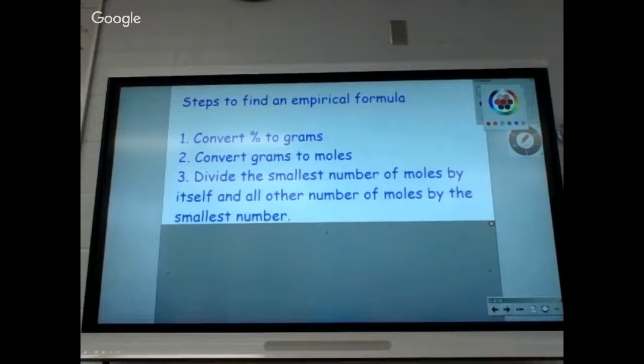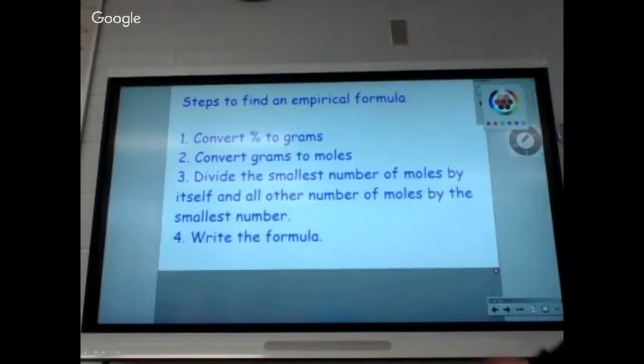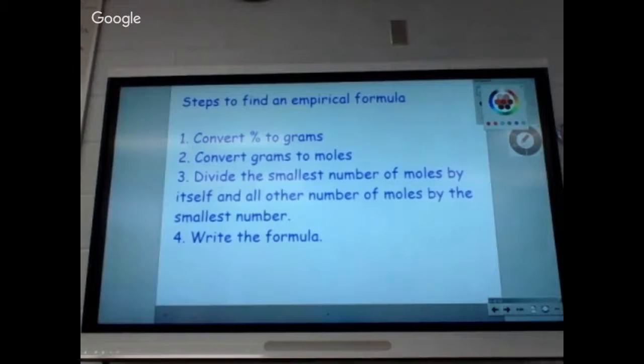If you have 2 numbers, you divide them all by that smallest number. If you have 3 numbers, you divide them all by that smallest number. Now, once you've done that, you'll be able to write the formula.